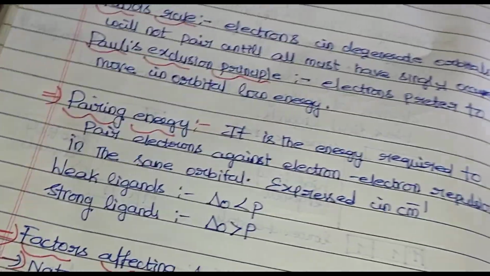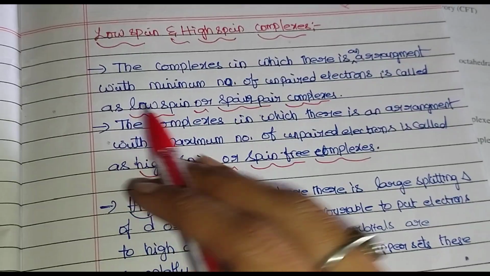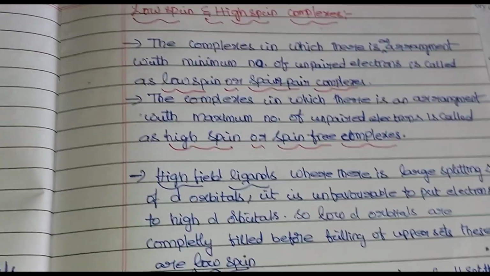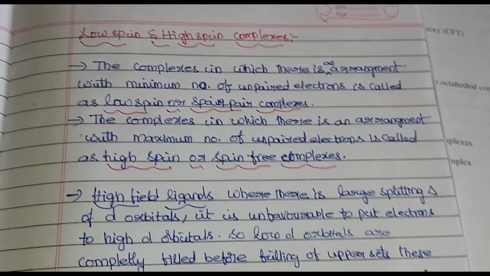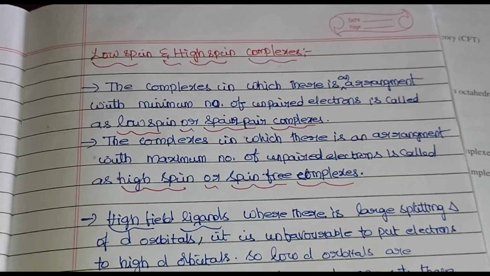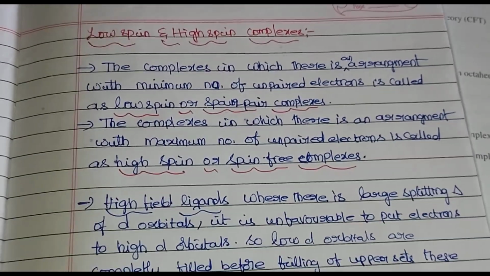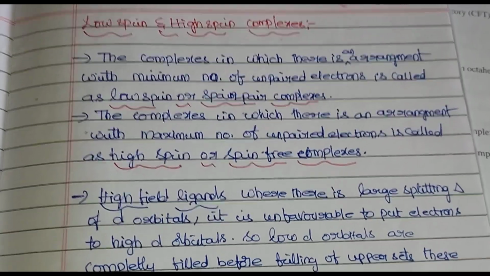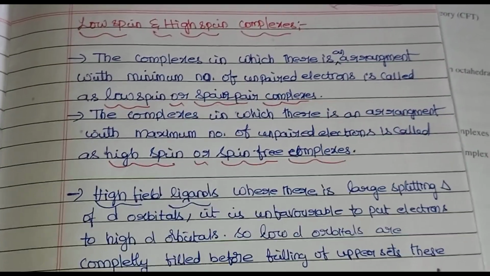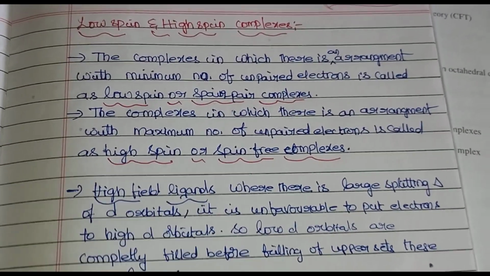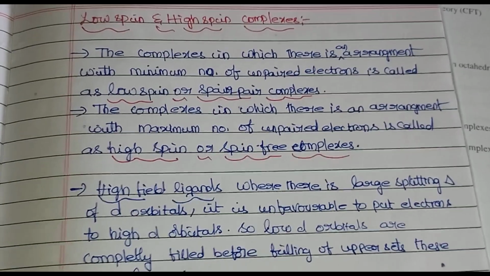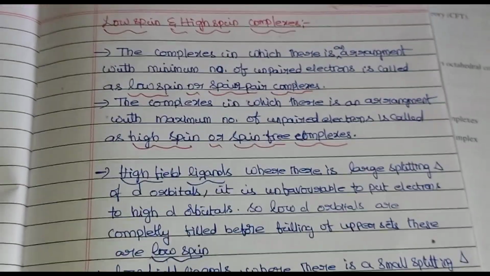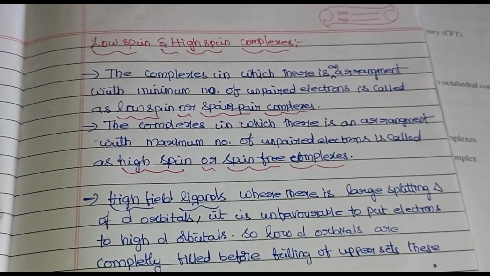So up to now we saw this, and next we will see what low spin and high spin complexes are. The complexes in which there is an arrangement with the minimum number of unpaired electrons, very few unpaired electrons, are called low spin or spin-paired complexes. It means they are maximally paired.